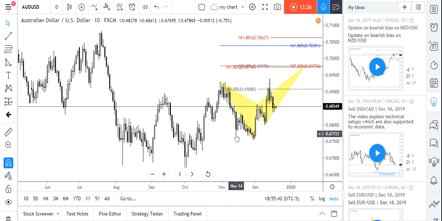From here it was trying to go up, but when Euro was going down, it was also very slowly going down, although it didn't create a new low. If we compare this low and this low, there is merely a difference of 15 pips.